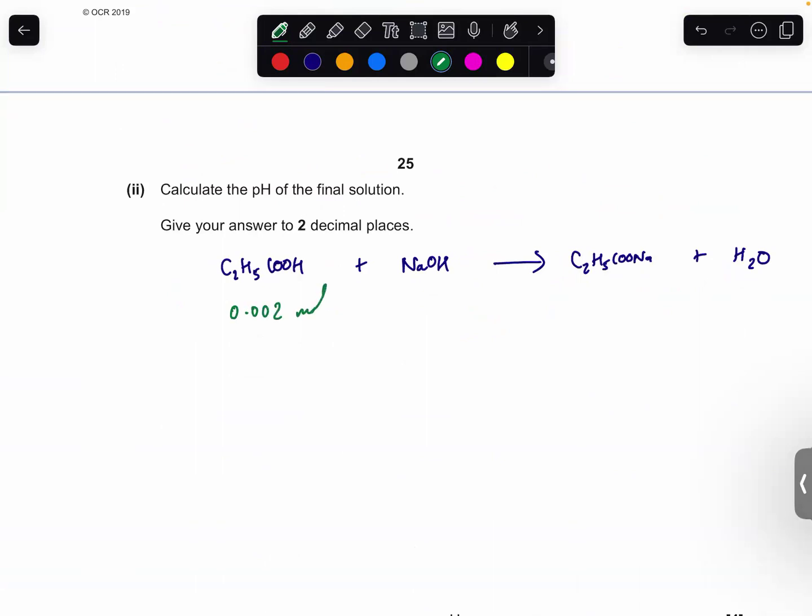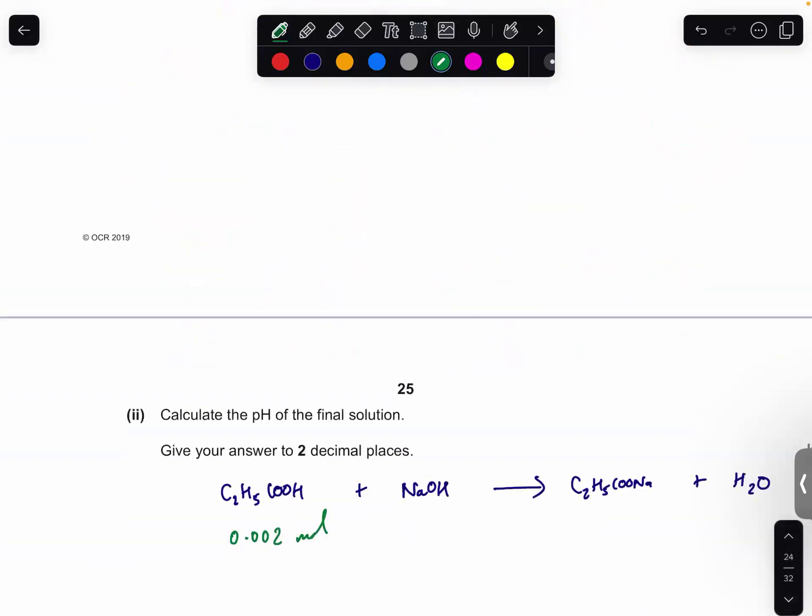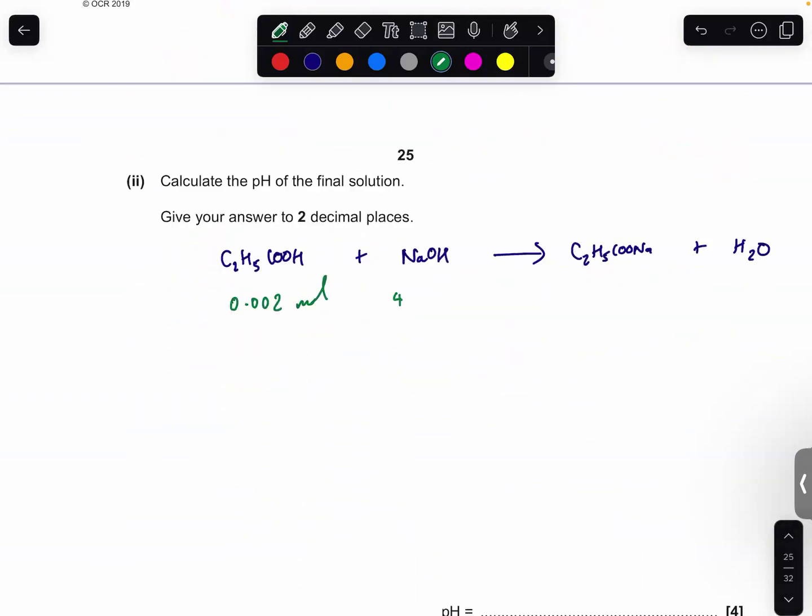0.002 moles. For sodium hydroxide, we've got 45 centimeters cubed, 45 multiplied by the concentration. What does that give us? That gives us 0.0045 moles. I'm going to put another 2 there just so that we can compare.